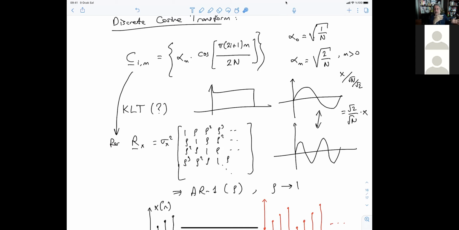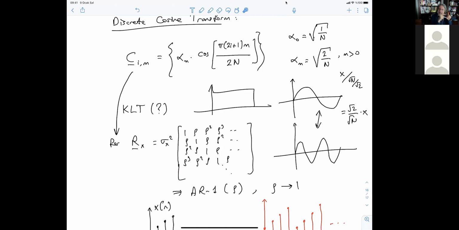Next week we will continue with that discussion of JPEG. JPEG splits the image into smaller blocks of 8 by 8, within which you have a strong autoregressive one behavior of correlation.